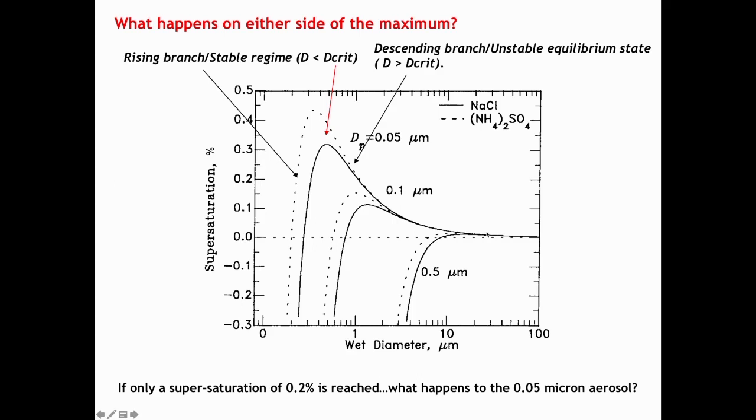And if you go up to a 500 nanometer particle, almost any supersaturation at all will turn it into a cloud droplet. Sodium chloride and ammonium sulfate have different affinities for water, like we saw earlier, so they have different Kohler curves as well.